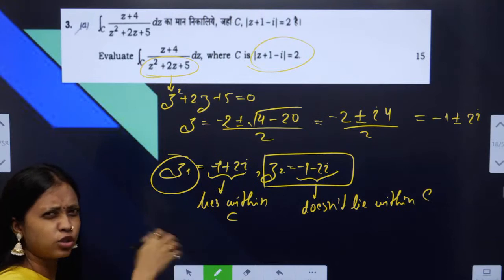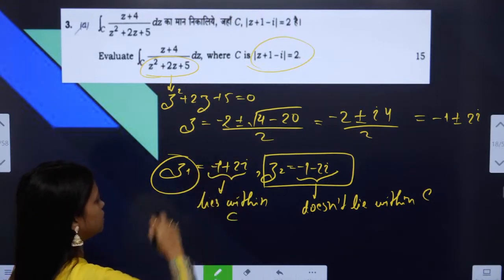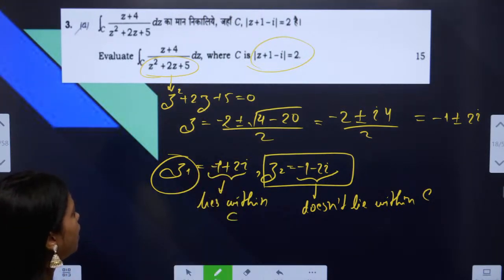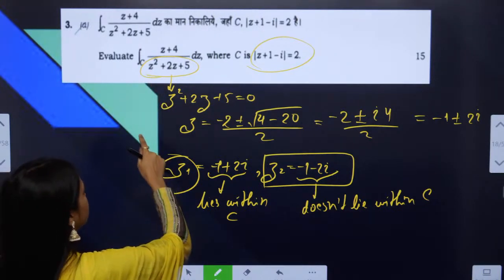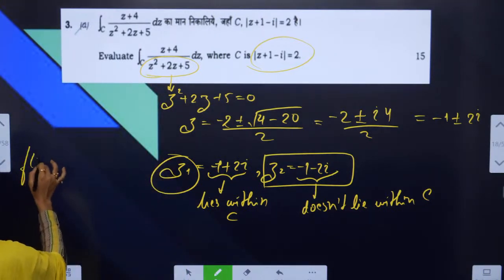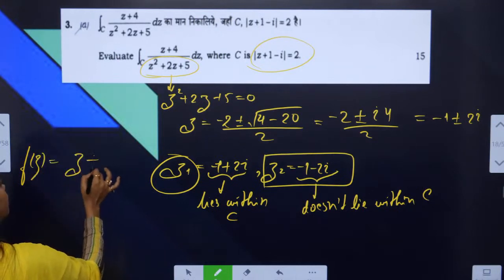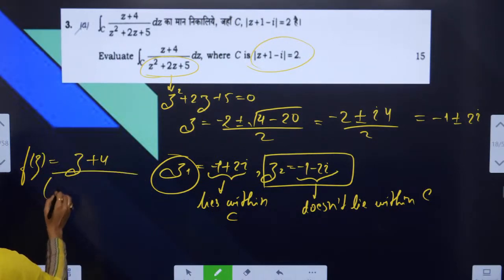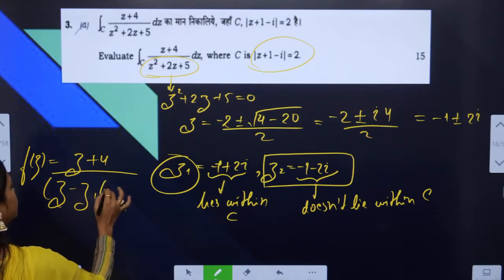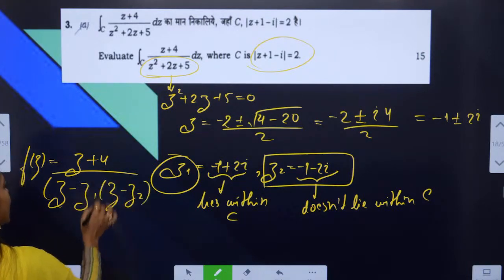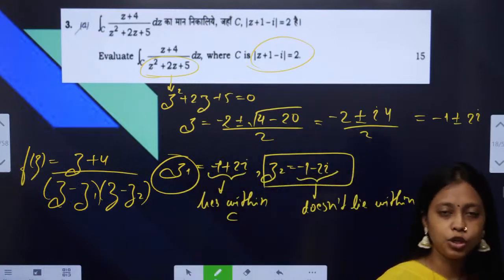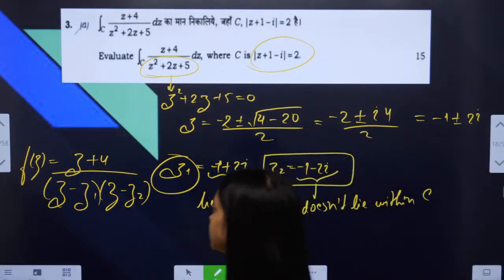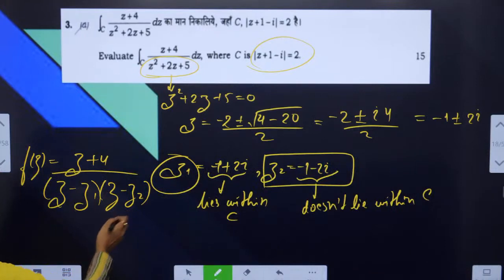That means you just have to substitute the value of z as z1 at the end. Z plus 4 is in the numerator. So basically your f(z) is z plus 4 divided by (z minus z1)(z minus z2). I'll multiply f(z) with z minus z1, so that factor in the denominator gets cancelled out. I am only left with z plus 4 divided by z minus z2.